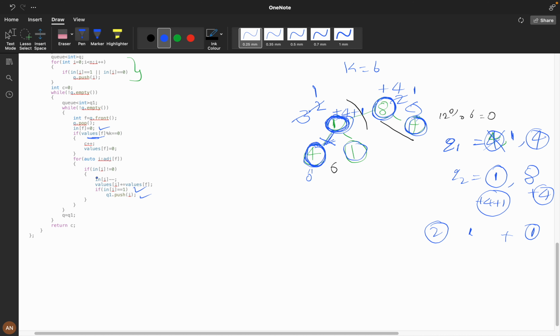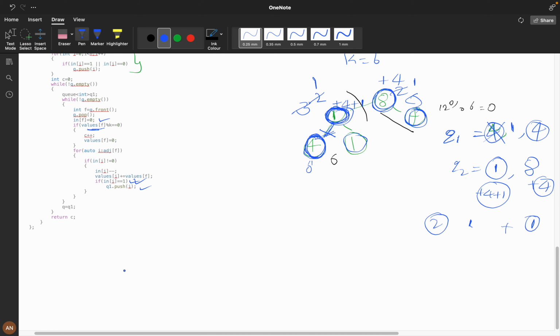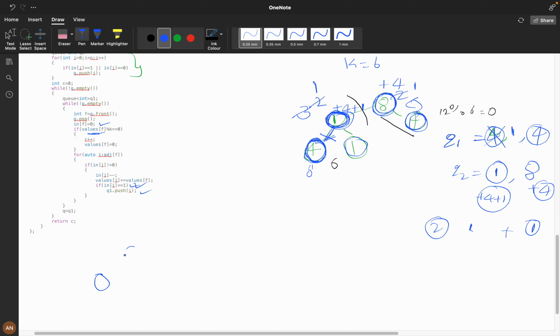I think you have understood it. Why am I considering only in degree equal to 1? Suppose you have nodes like this. When it is decreasing, suppose this in degree will be 2. Let's consider this in degree as 2. Now we are decreasing it to 1, and we are adding it into the queue.